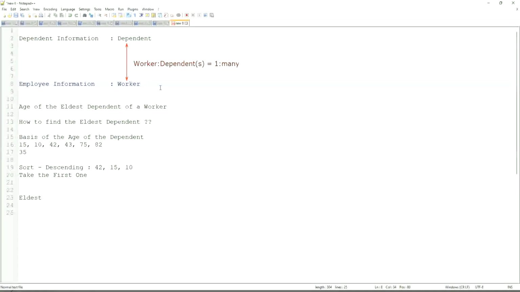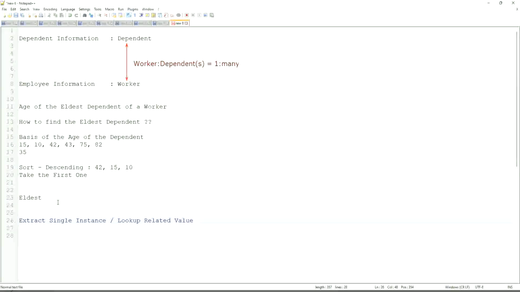But does the worker business object have the information about the dependent's age? The answer is no. That is why we are going to use a combination of calculated fields called extract single instance, and lookup related value.